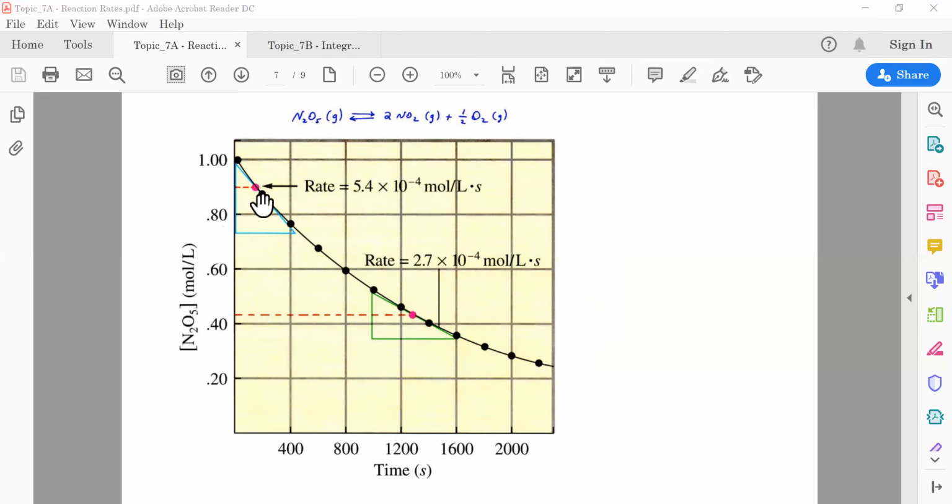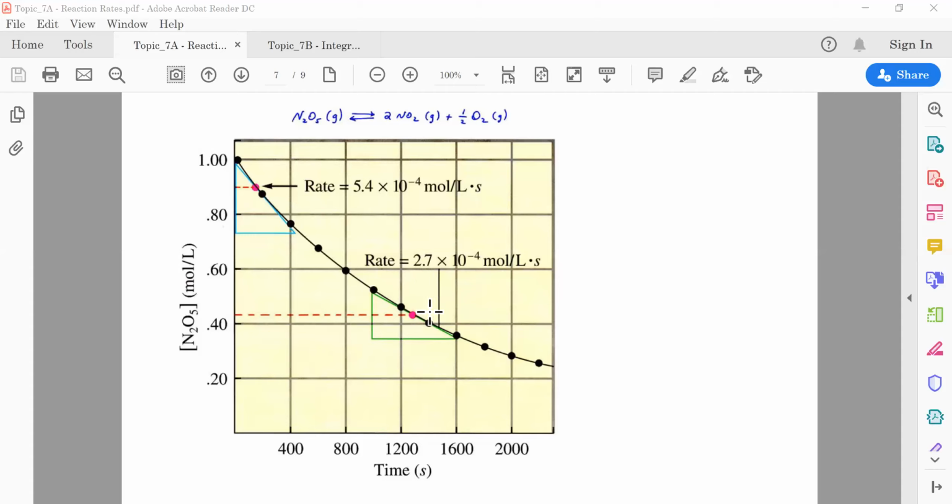And the tangent that is drawn to the curve at the very beginning is supposed to be crossing this data point, this red data point here. That tangent turns out to be 5.4 times 10 to the minus 4 moles per liter per second. And again, at a longer time, in this case, about where this red point is here, about 1300 seconds, the slope at that point is only 2.7 times 10 to the minus 4.